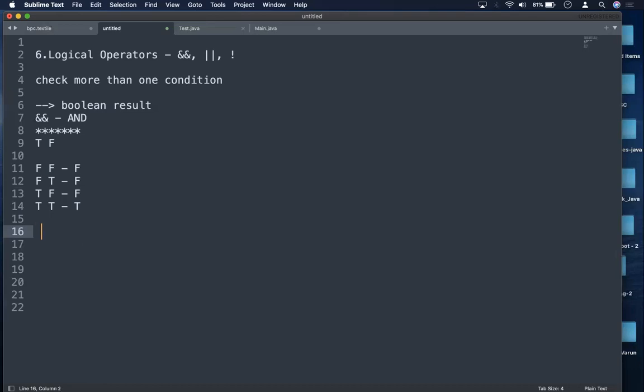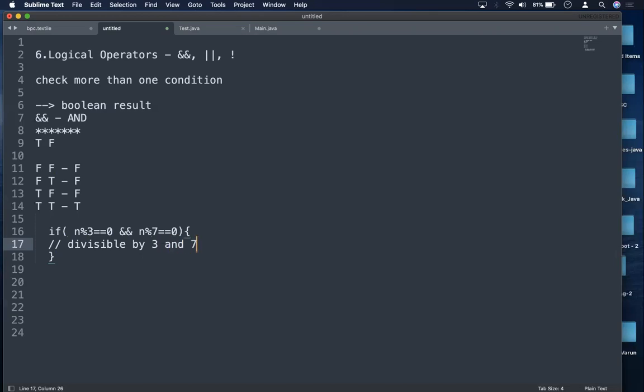As an example, I'm writing something like this: if some number modulus 3 equal to 0 and this number modulus 7 equal to 0, then I can say this number is divisible by 3 and 7.